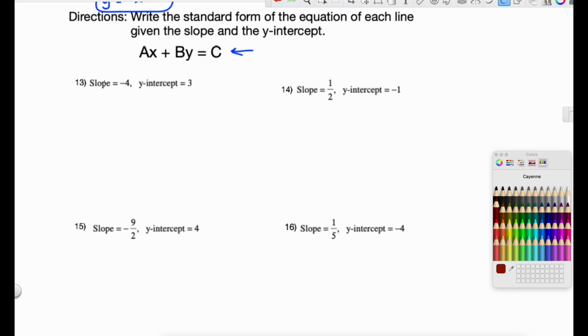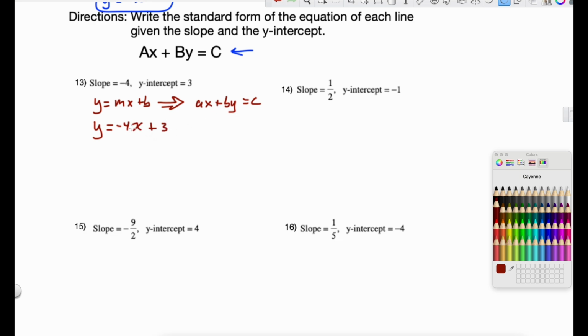We are given the slope and the y-intercept. So we're starting in y equals mx plus b form, but we want to turn this into ax plus by equals c form, or standard form. So my slope is -4. Put that in there for m. My intercept is 3. I put that there.